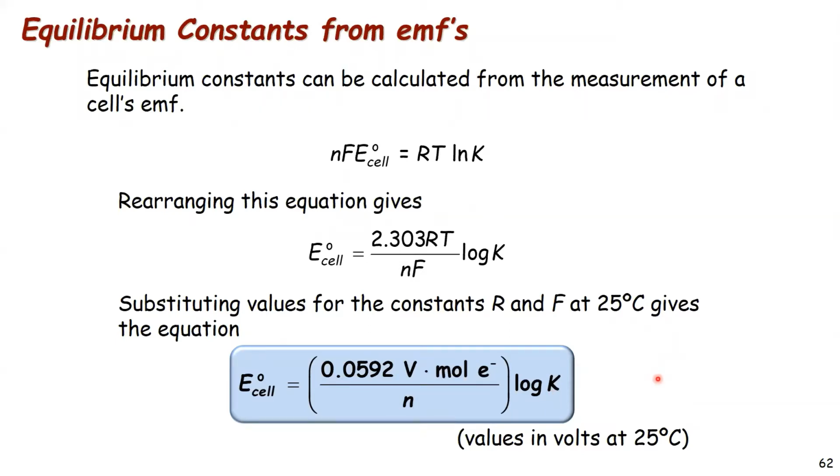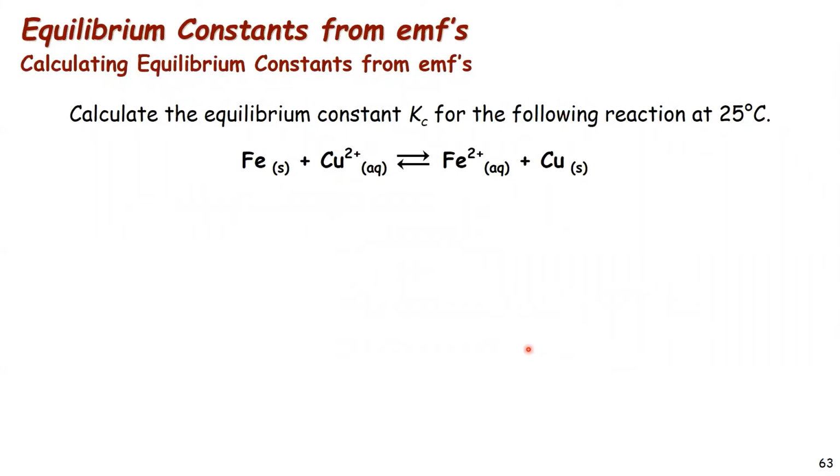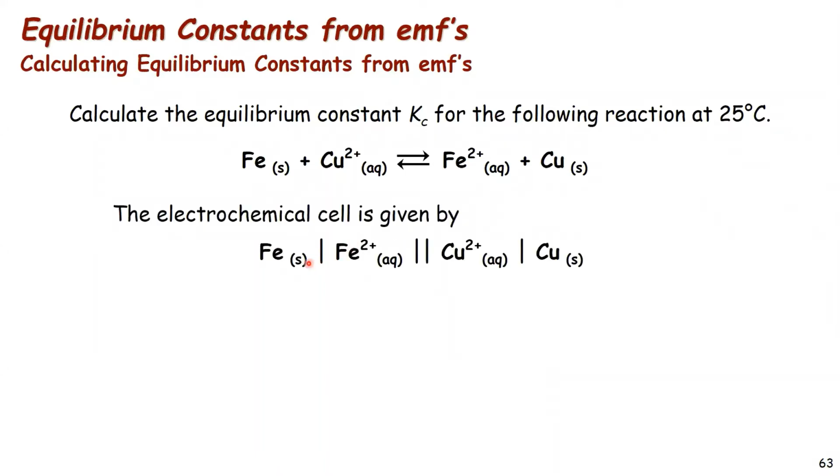Let's calculate the equilibrium constant for the following reaction using the electrochemical values. First, if we write this in shorthand form, we have the iron going from iron 0 to iron 2 plus. It was oxidized, therefore it's the anode, the oxidation half reaction, so the shorthand would look like that.